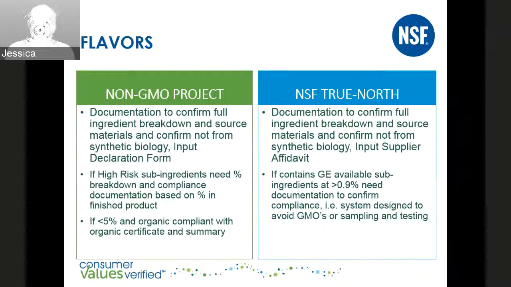And again, we would assess to see if any of those sub-ingredients qualify to the 0.9% threshold. If not, we would just need those sub-ingredients to comply with the True North requirements, such as sampling or testing, or certified to another non-GMO IP system.